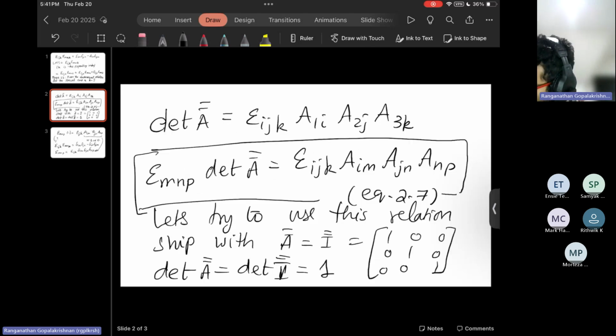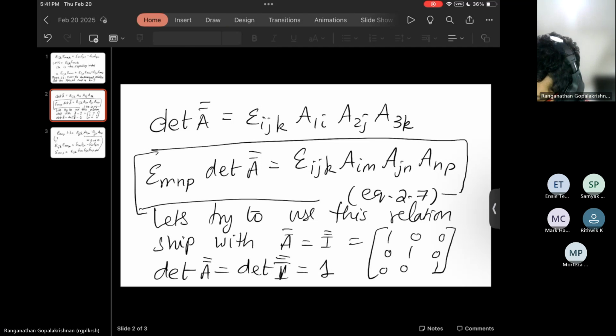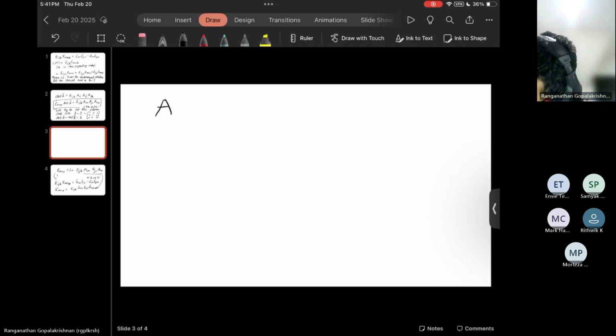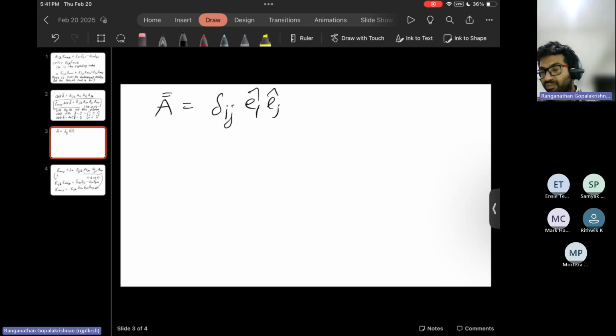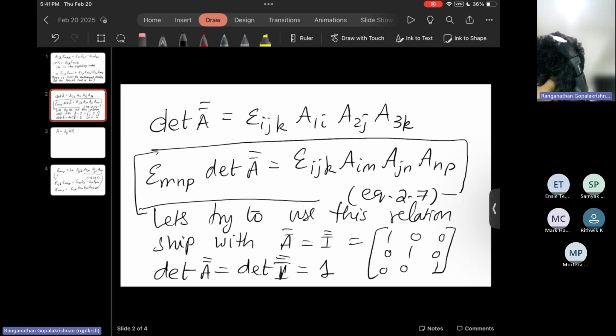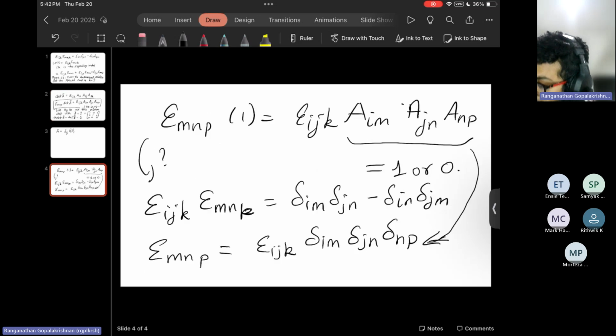So you can write A as basically equal to delta ij ei ej. That's basically like saying A equal to I. So then if I start with this relation, epsilon mnp times determinant of A, which is going to be 1, is equal to epsilon ijk times these terms. And then I'm saying these terms are nothing but delta functions themselves.